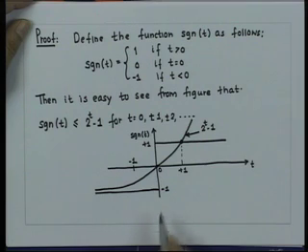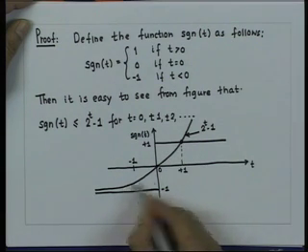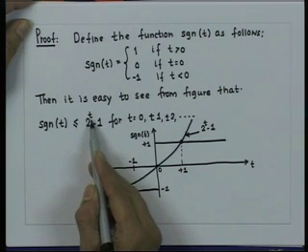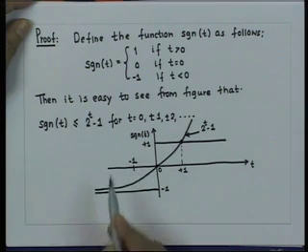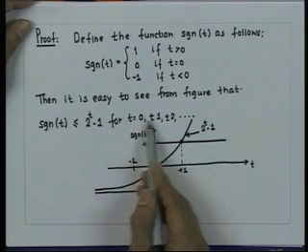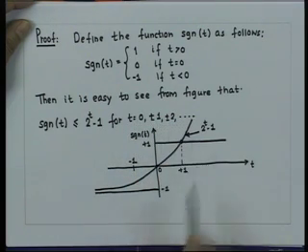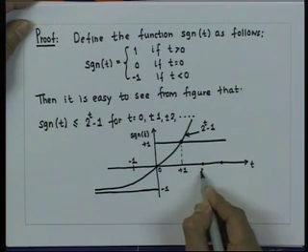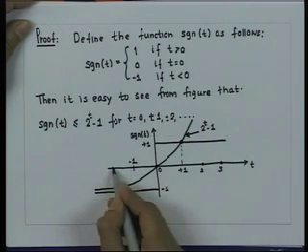From this plot, it is very clear that signum t is always less than or equal to 2 raised to t minus 1, but it is very important to note that this is valid only for t equal to 0, plus minus 1, plus minus 2. So, it is true for all the integer values.